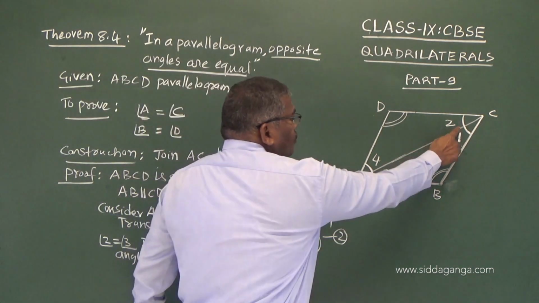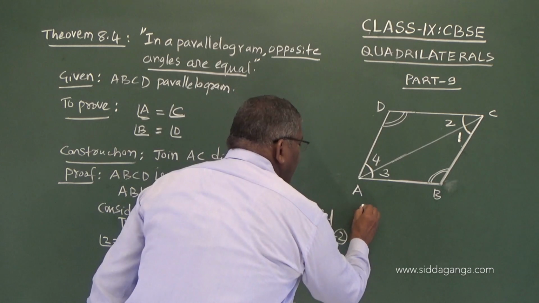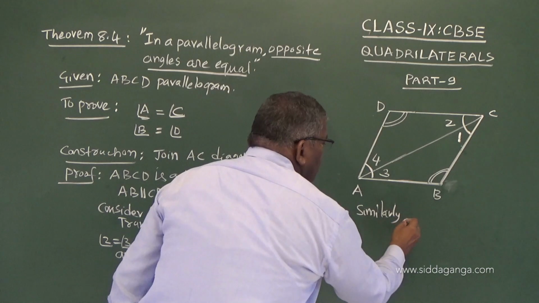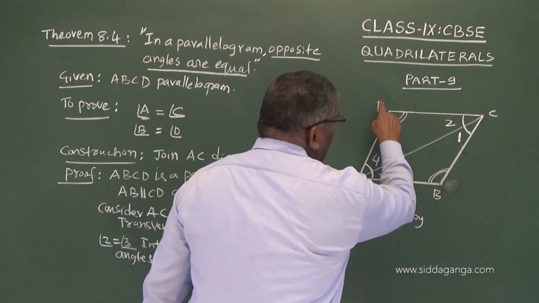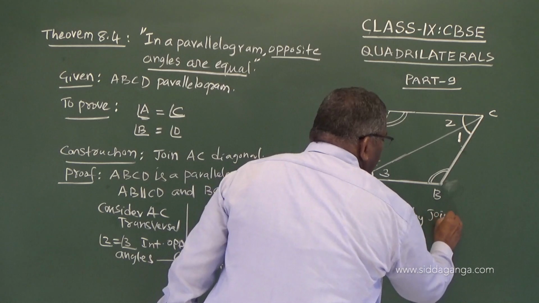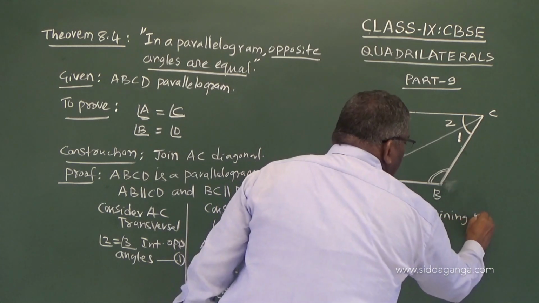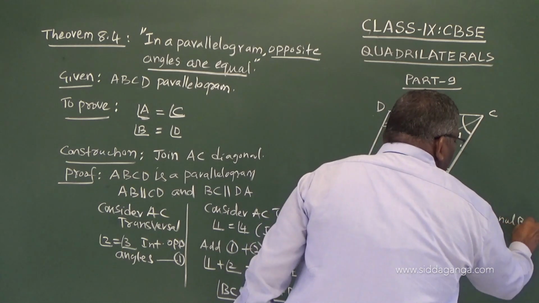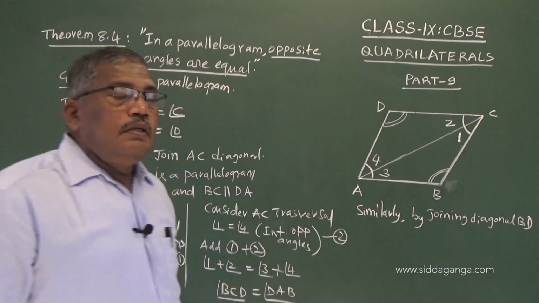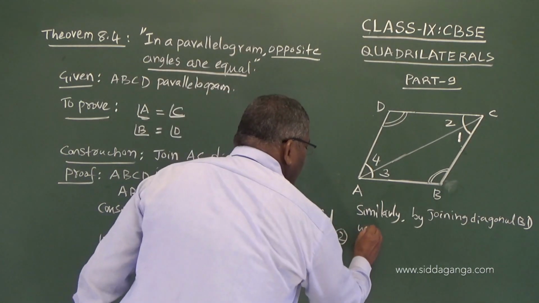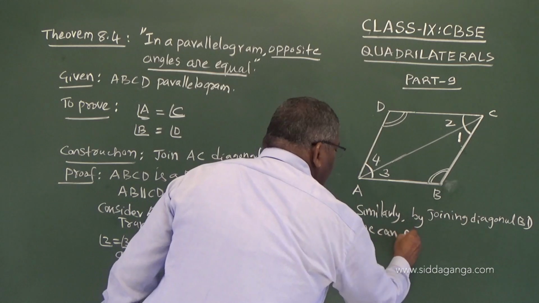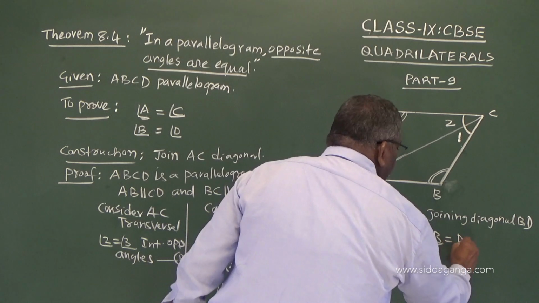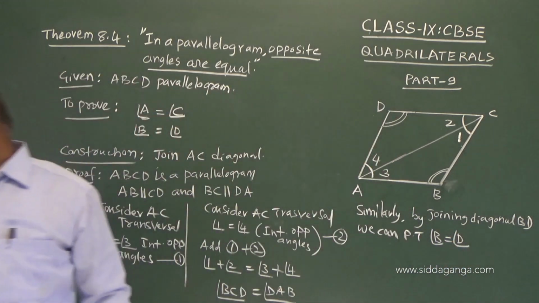So, we have proved that these two angles are equal. Similarly, by joining diagonal BD, we can prove that angle B equals angle D in the similar way.